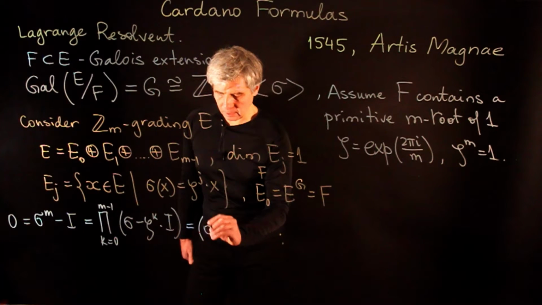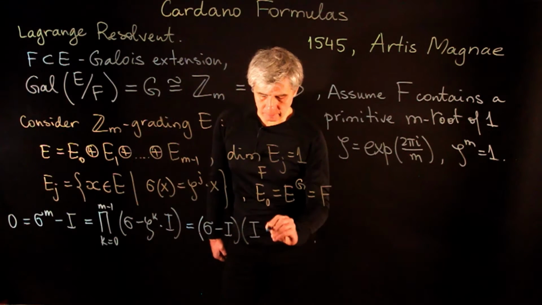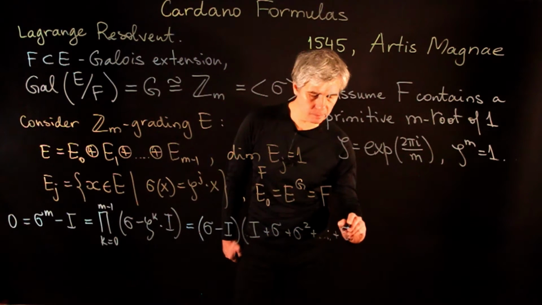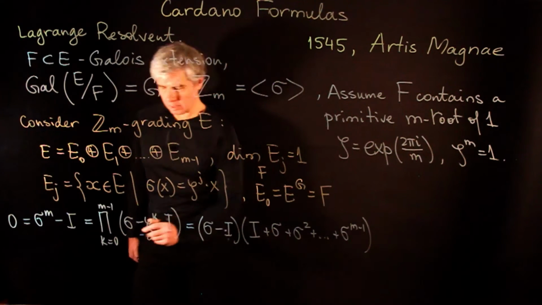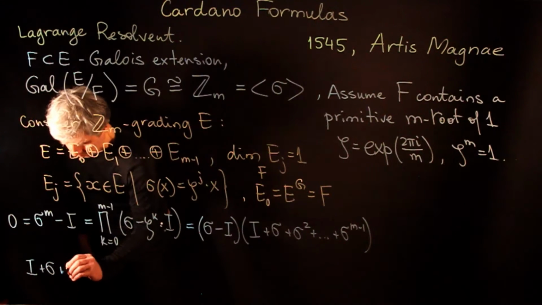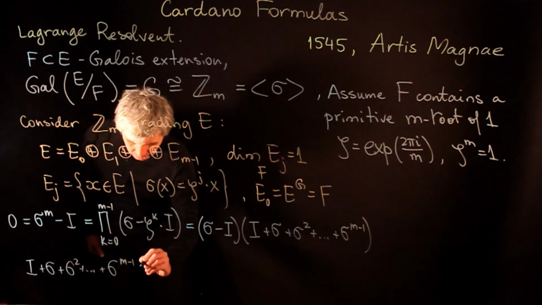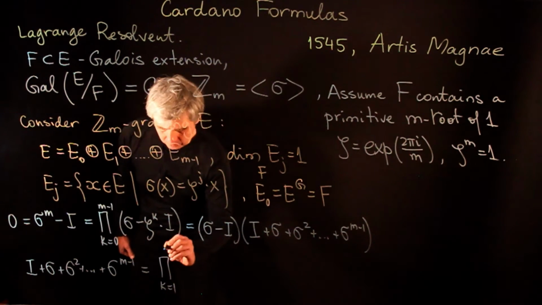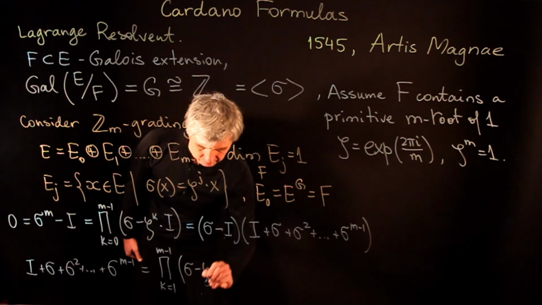So this is sigma minus identity times identity plus sigma plus sigma squared up to sigma to the m minus 1. Comparing these two factorizations, we get that identity plus sigma plus sigma squared up to sigma to the m minus 1 is equal to the product for k from 1 to m minus 1 of sigma minus zeta to the power k times identity.